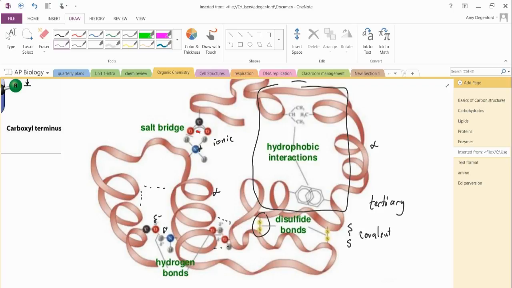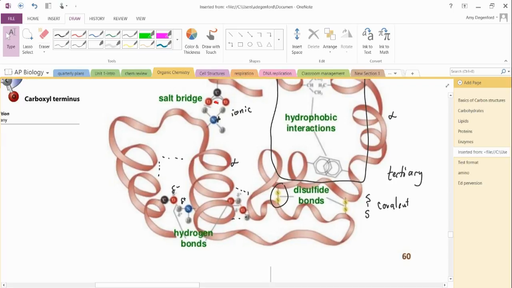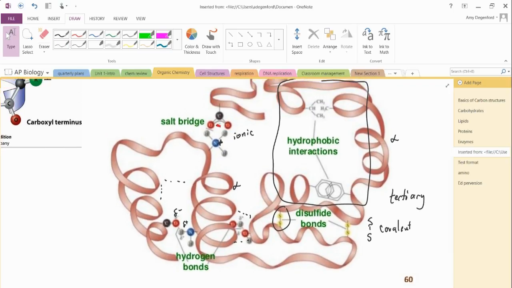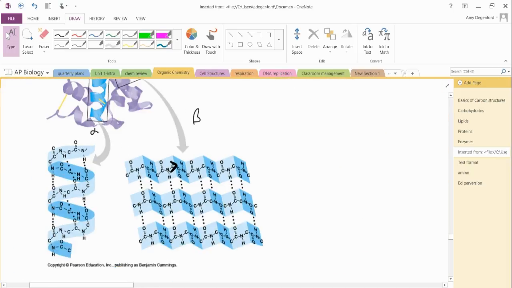And that's going to also play a huge role in how these interact within the cell. So all along the protein, we have these little regions of charges or neutrality, which then dictates the shape it's going to be in, and then that will dictate its function.